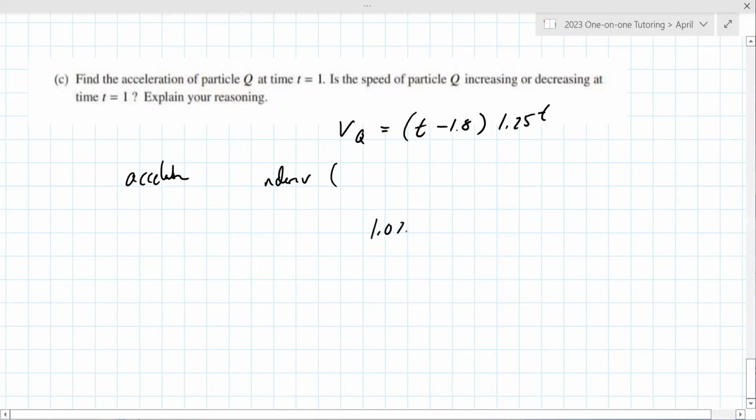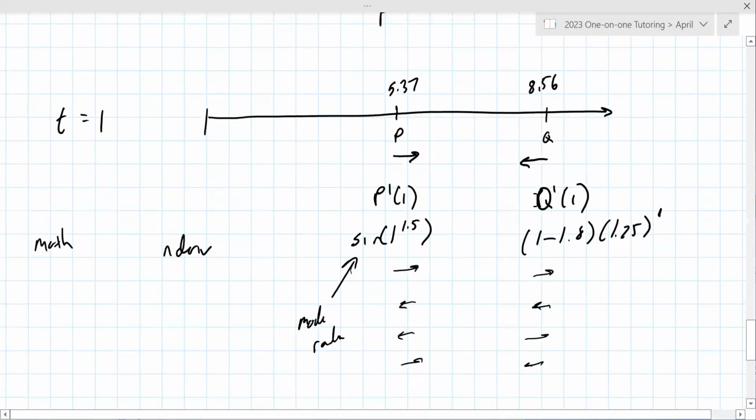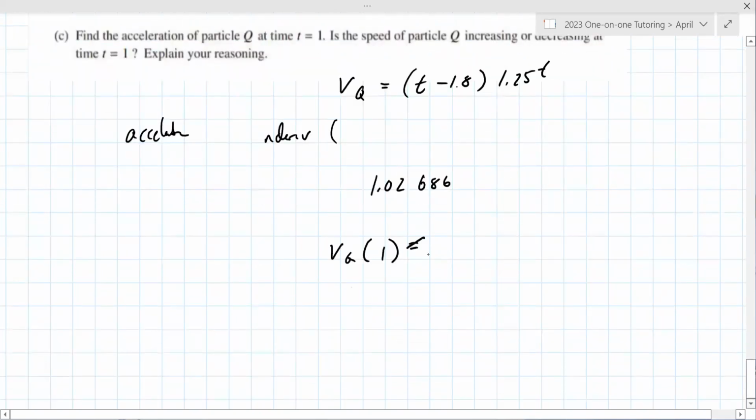So here's what that means: the derivative is positive. We've got to be careful because it's the derivative of the derivative. The velocity of Q at 1, we did this in the previous problem, is negative. Let me put it this way: the velocity of Q at 1 is less than 0. The acceleration of Q at 1 is greater than 0.